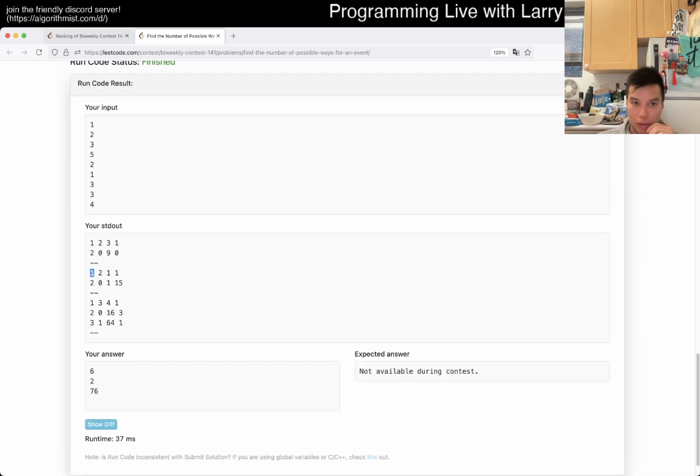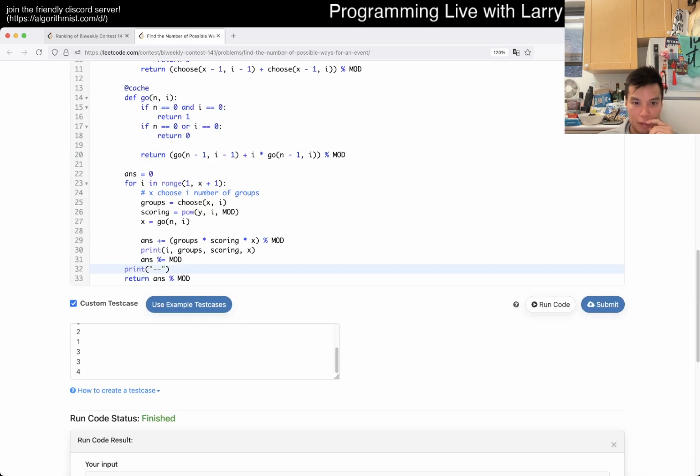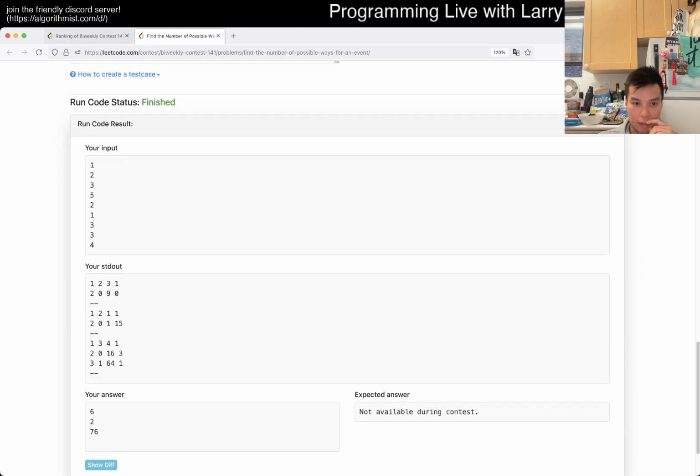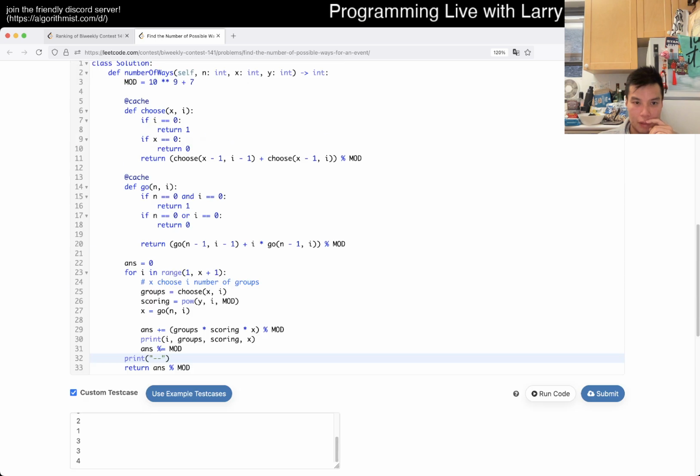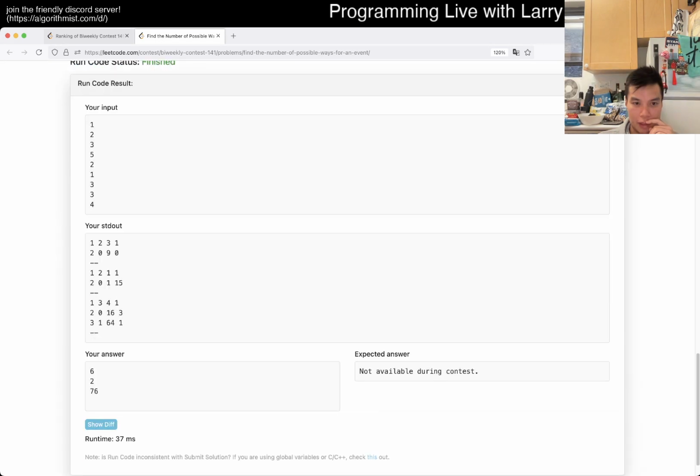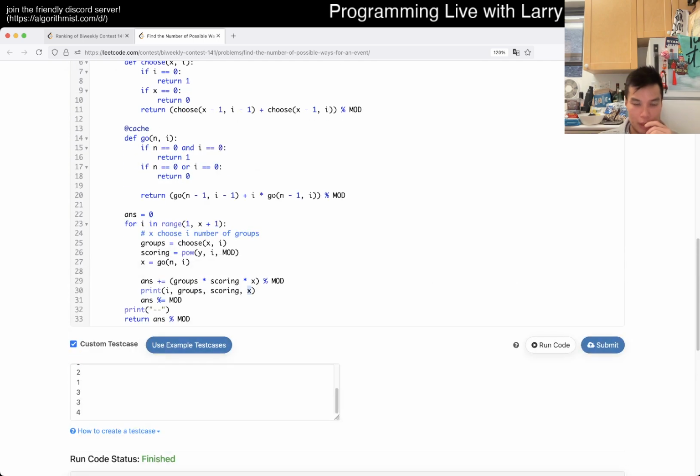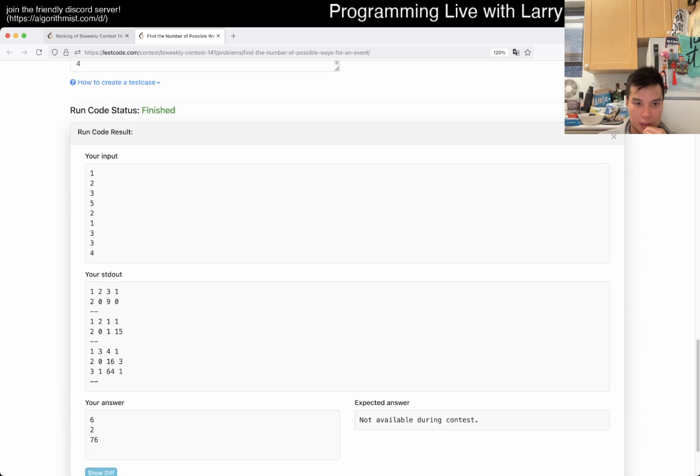Okay, so for 2 people, you have 1. Why do I have 2? If X is already 15. Oh, because groups is 0? Why the group 0? What am I choosing? X. We want.